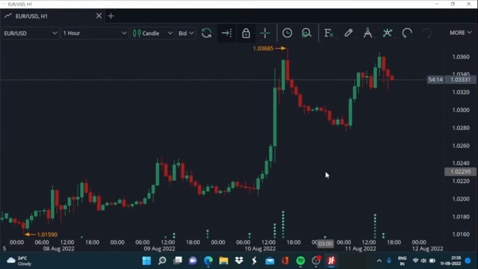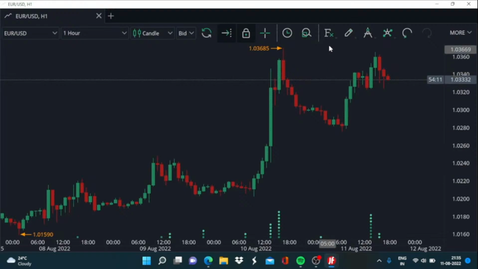This is the Euro USD chart with the hourly time frame. I will add the mid price indicator here. You can add it from the overlap studies, else you can simply do a quick search and there you will find it. All right, I have got this add indicator.